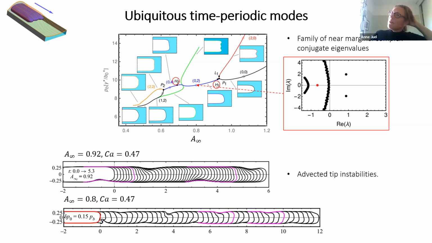So I honestly don't know how this relates, but it's something we found in all the Saffman-Taylor calculations we've ever done, be it these ones with the elastic lid or the rigid ones. There's always these families of near marginal complex eigenvalues. That's really intrigued us for a long time. Why is it that there's always these families? And for the single finger, they all have negative real part, and this is not an unstable periodic orbit.